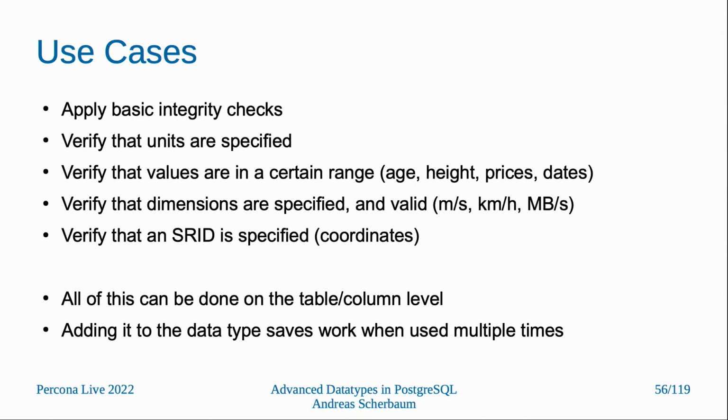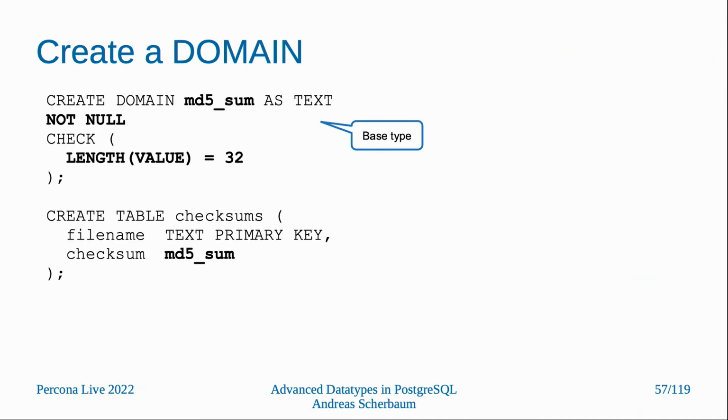Yes, you can do all of this on a table level. Like if I want to add coordinates, I can just add a coordinate column to my table, but then I don't have the additional checks on it. If I add the checks to the domain type and use the domain type in my table in multiple places, I have these checks applied to every place where I use the type. I don't have to repeat all the checks on my tables.